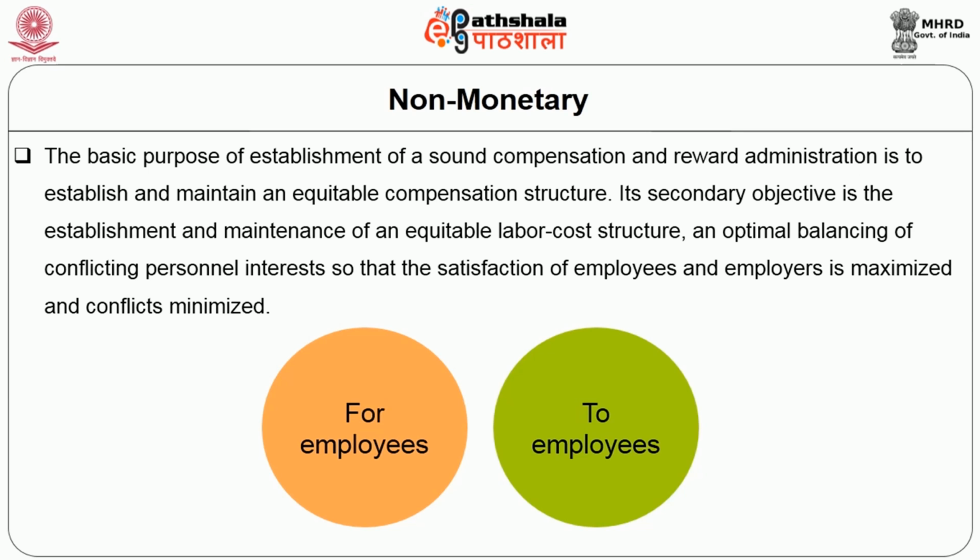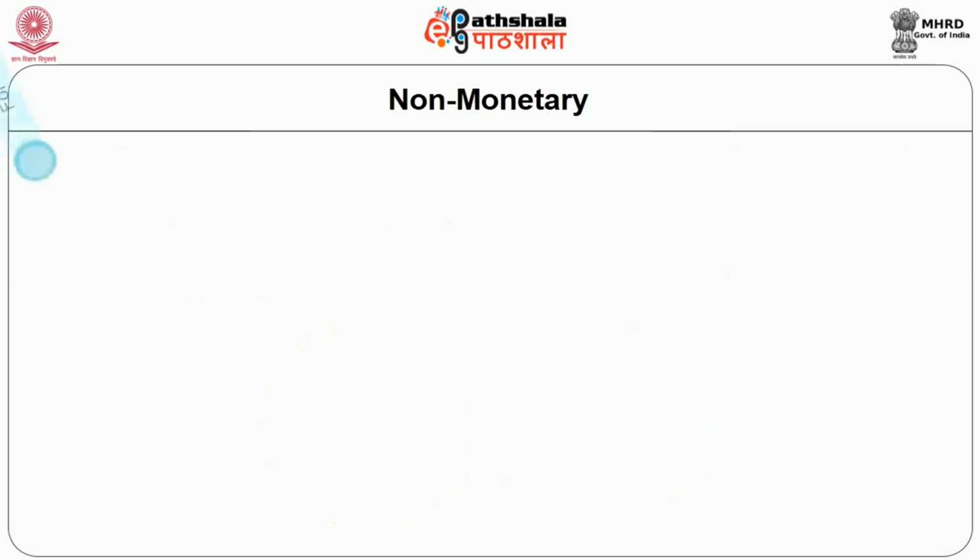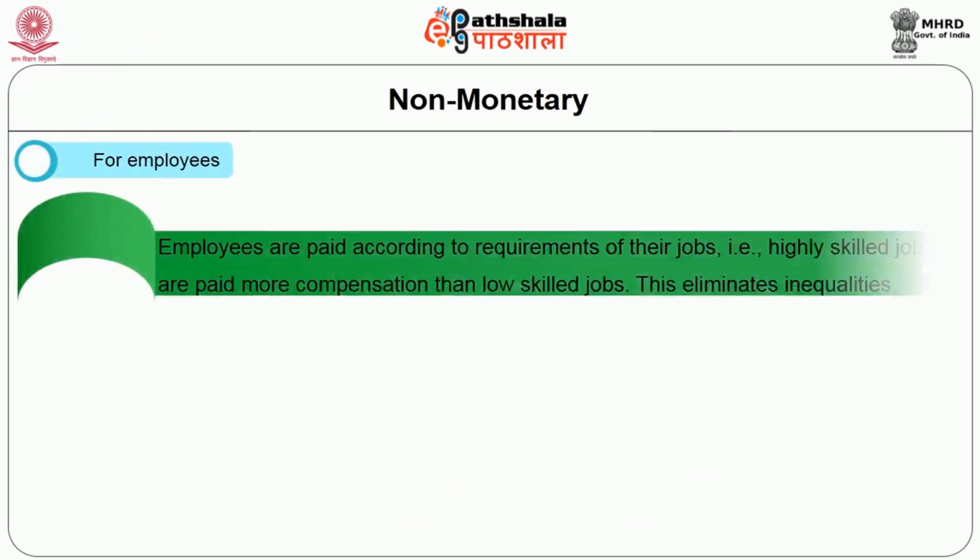Its secondary objectives are the establishment and maintenance of an equitable labor cost structure and an optimal balancing of conflicting personal interests, so that the satisfaction of employees and employers is maximized and conflicts are largely minimized. A sound wage and salary compensation tries to achieve these objectives for both employees and employers.